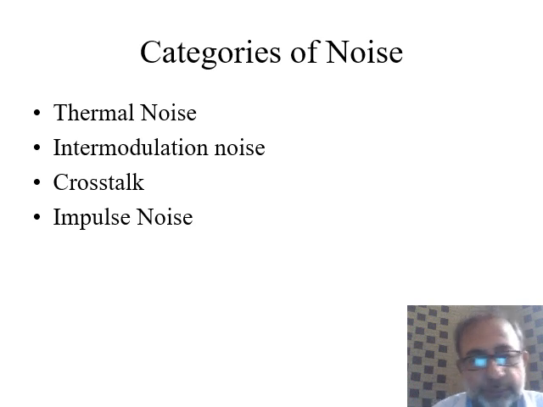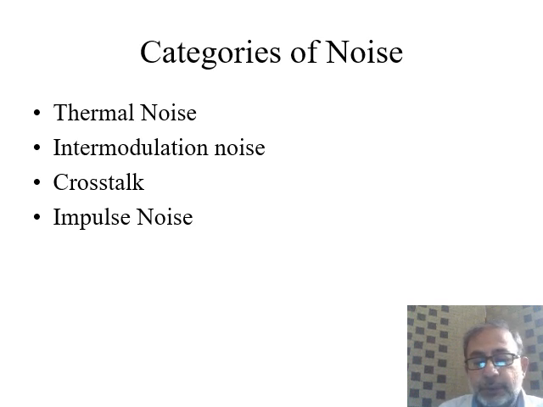Now, what are the different types of noise? First of all, we've got the thermal noise, as we have talked about. This is basically the electronic noise on the transmitter and the receiver side. Then we've got intermodulation noise, which is basically to do with the non-linearity of our systems, in which multiples of different frequencies are added up, and a lot of frequencies are generated.